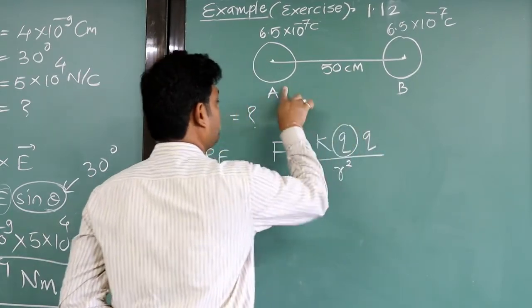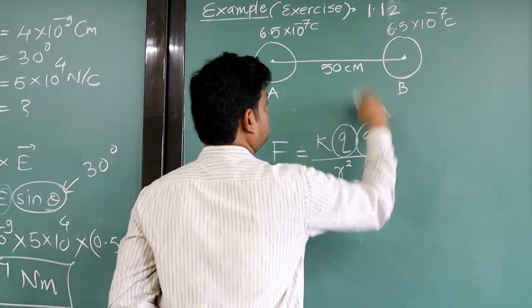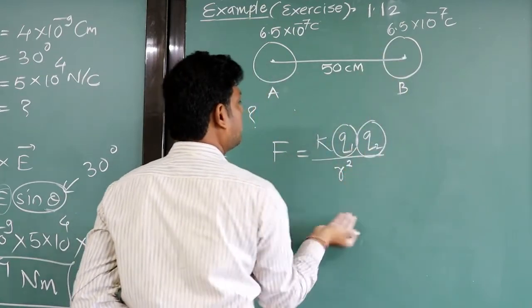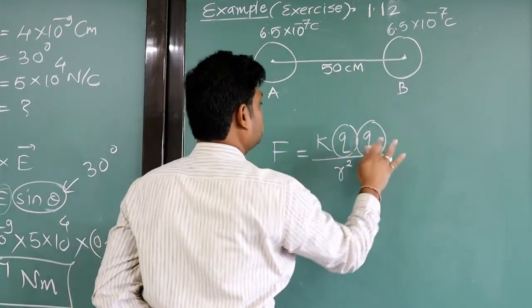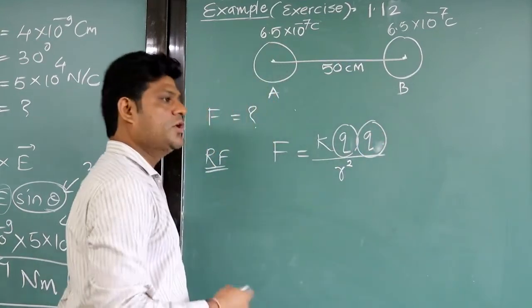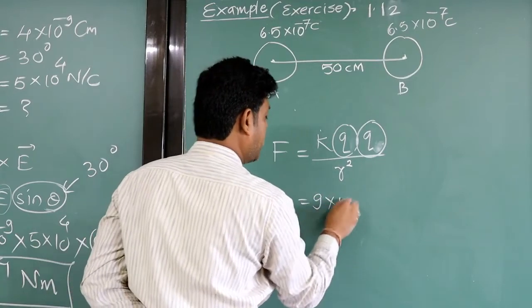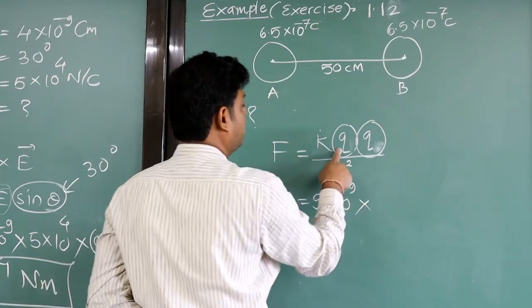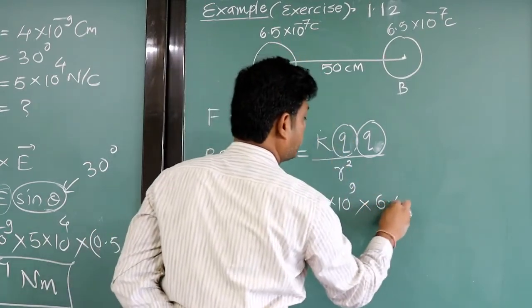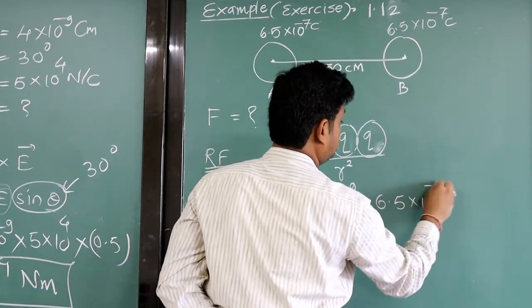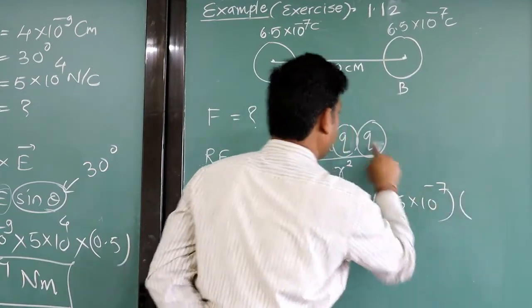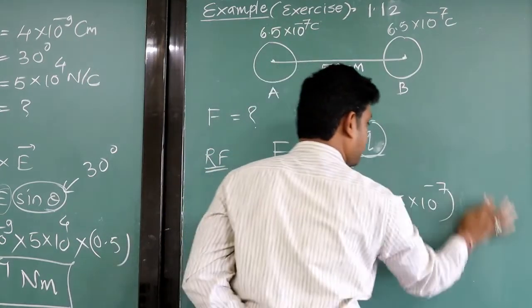Q is the charge on the first sphere, Q is the charge on the second sphere, we can write Q1, Q2, but both the charges are the same, that's why we write K, Q into Q. So 9 into 10 to the power 9 multiplied by 6.5 into 10 to the power minus 7, and the second is also 6.5 into 10 to the power minus 7.